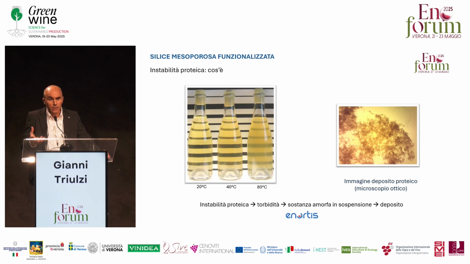The protein destabilization process starts with the creation of protein compounds that exit the solution and produce turbidity or cloudiness over the course of time. There is an aggregation of compounds. There is an increase in their weight. They sediment and create a deposit. This is the process. We talk about protein instability.